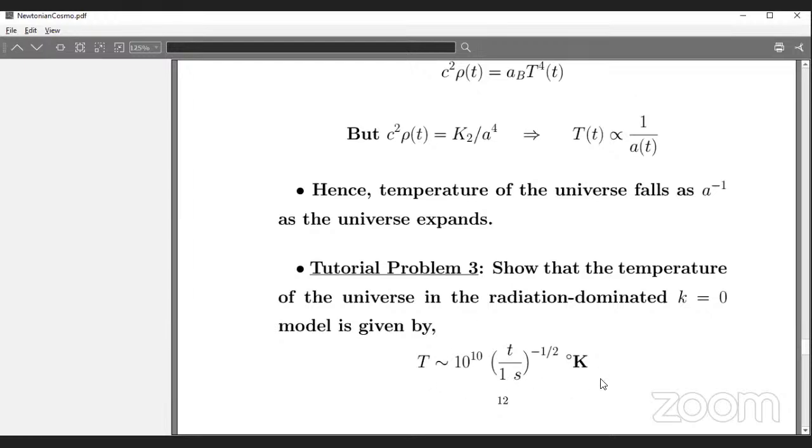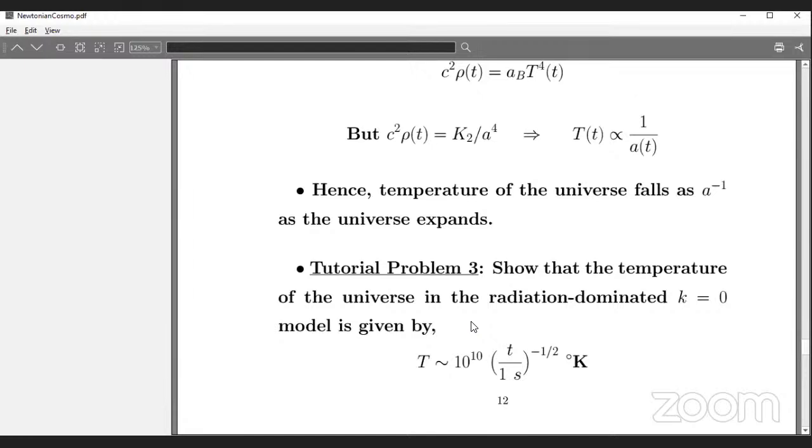This is a very important result. It tells us that as you go further and further back in time, the temperature of the universe increases like hell. In fact, that is the reason why high energy physicists are interested in the early universe.